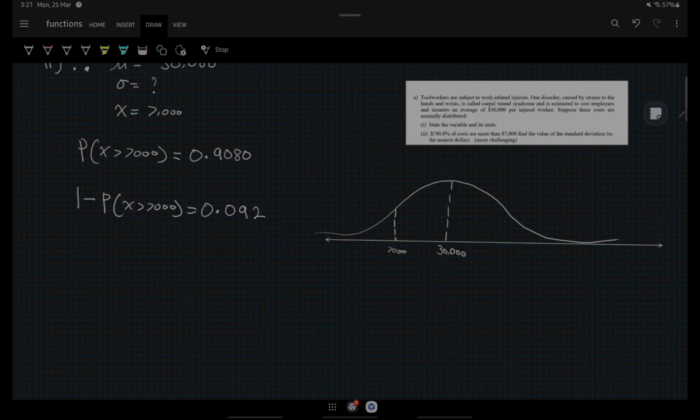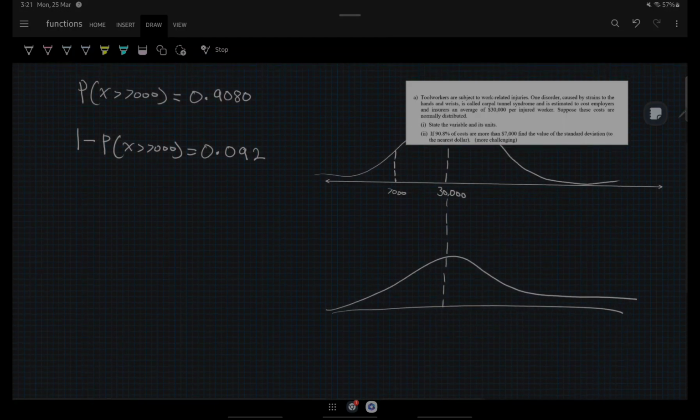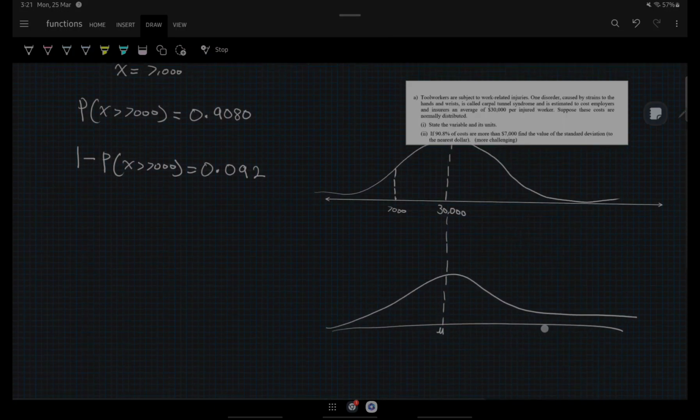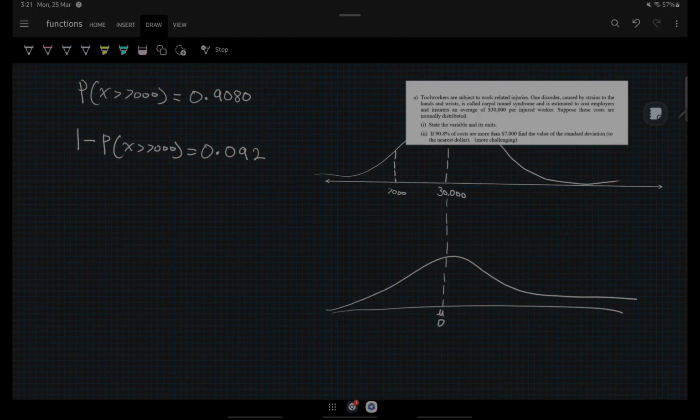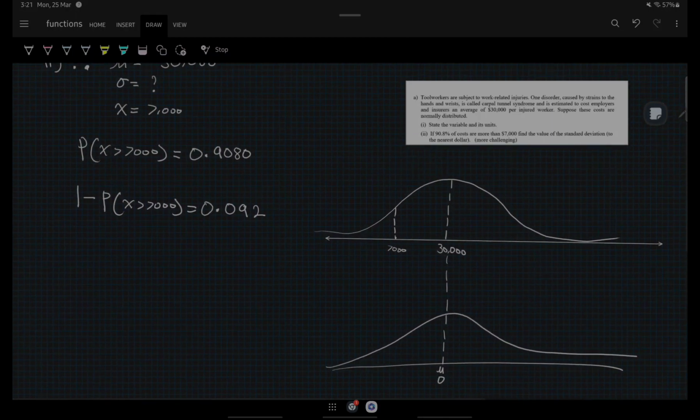And then if you want to draw underneath, you get mu, which is 0, and trace this down.